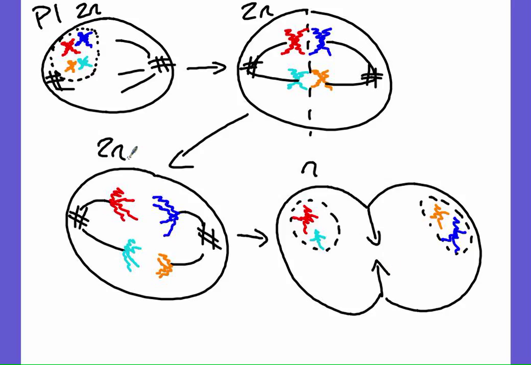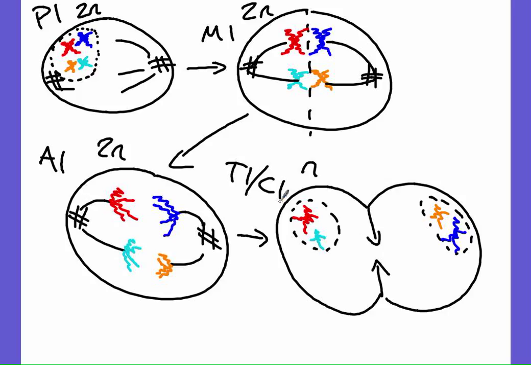After that cytokinesis is over, I'm now at that N chromosome number, which was the whole point of meiosis anyway, was to get from 2N to N. But this is only the first round of division. I got one more to go. So in this, I need some more labels. This is metaphase 1, anaphase 1, telophase 1/cytokinesis 1.